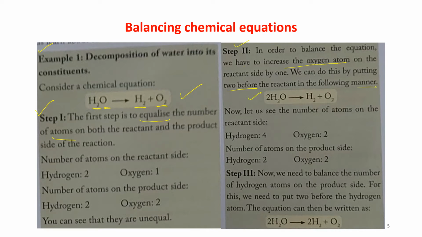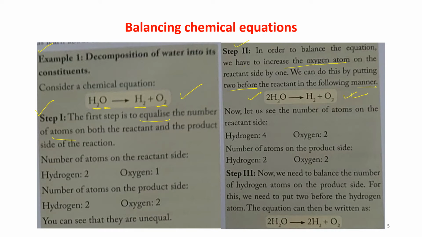2H2O, 2 has to be written in front of H2O. If we are writing 2 in front of H2O, the equation becomes 2H2O gives H2 plus O2. Now, just check here the total number of atoms again.